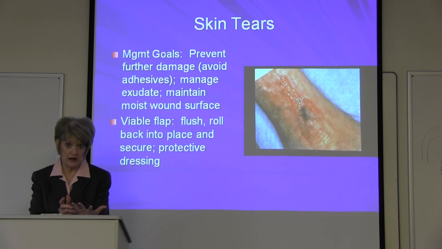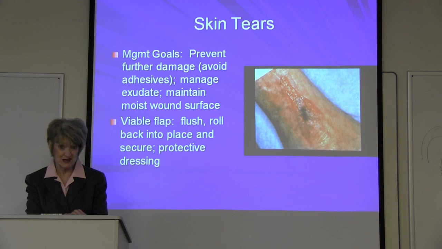Now, back when the only moisture retentive dressing we had was transparent adhesive dressings like Opsite and Tegaderm, we sometimes used those over skin tears. But they're certainly not optimal because they don't absorb drainage. They do maintain a moist surface, but they actually allow further maceration of the skin because of the lack of absorptive capacity.